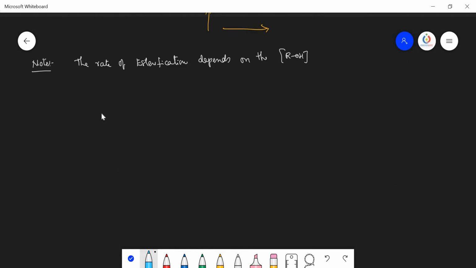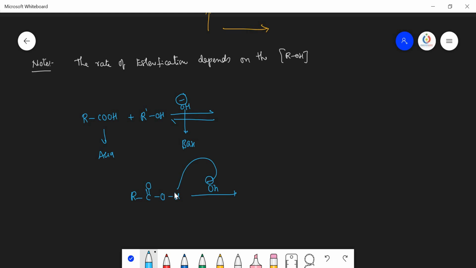First, why? Because if this is the carboxylic acid along with the alcohol and you use the OH minus ion, what is the role of OH minus ion? OH minus ion is a base. Carboxylic acid is an acid. So it reacts with the acid, meaning it takes the hydrogen from the carboxylic acid. So what it will do is, C double bond OH and OH minus abstracts this proton, and these electrons will be shifted over there.